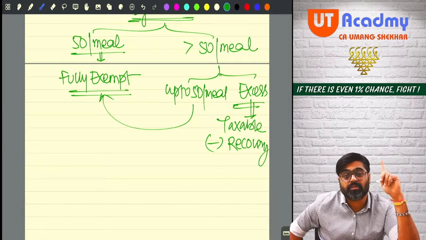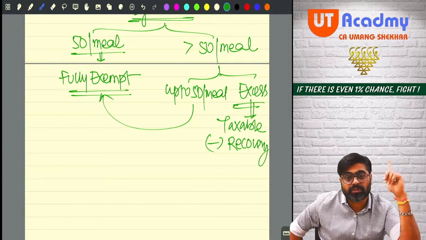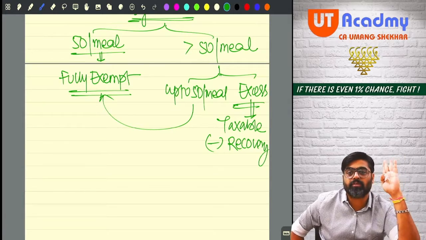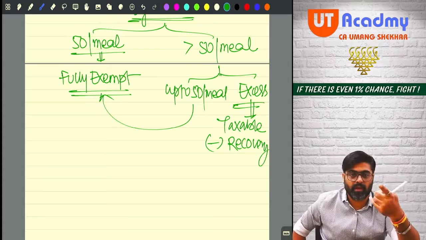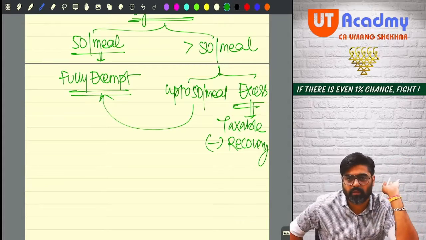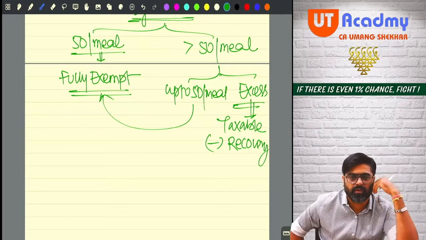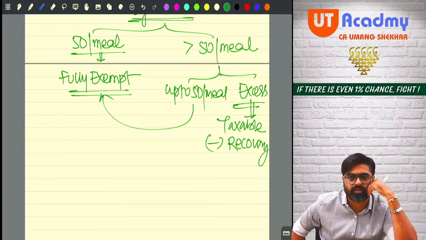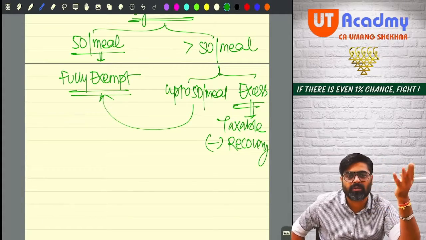But the employer is charging 60 rupees per meal from you also. The employer is saying that we are going to give you a meal whose cost is 120, but you are supposed to give us 60 rupees back. Still it is a benefit for you, because a 120 worth meal is given to you for only 60 rupees. Still 60 rupees benefit is there, but out of that 50 is exempt. So how much is taxable?